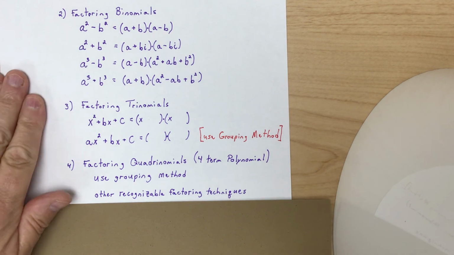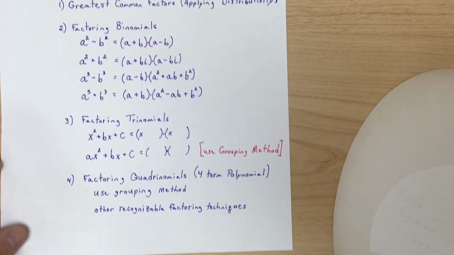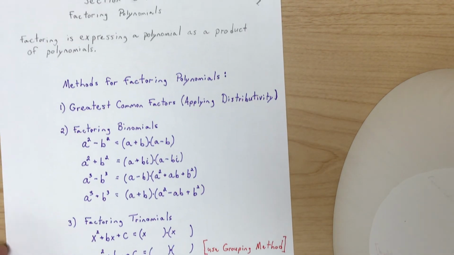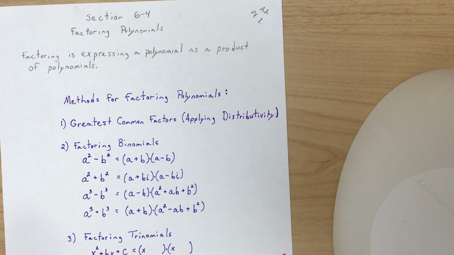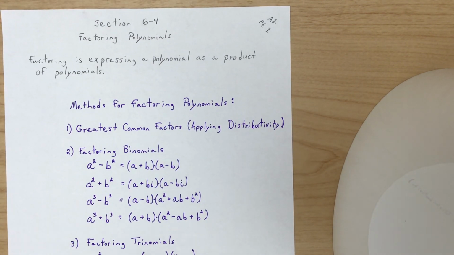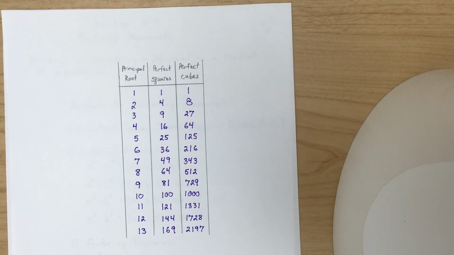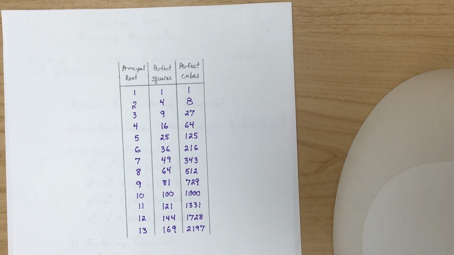So, section 6-4 is nothing more than taking a polynomial and expressing it as a product of polynomials. And the different type of technique you're going to use depends on what type of polynomial you're dealing with: 2 terms, 3 terms, 4 terms. And also, please remember your perfect squares and your perfect cubes. Those are going to help you out.